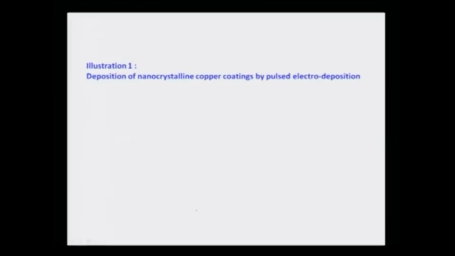The first example is on deposition of nanocrystalline copper coatings by the pulsed electrodeposition technique. We know that nanocrystalline copper is very important, because nowadays in the electronic industry the connectors are normally made by copper.